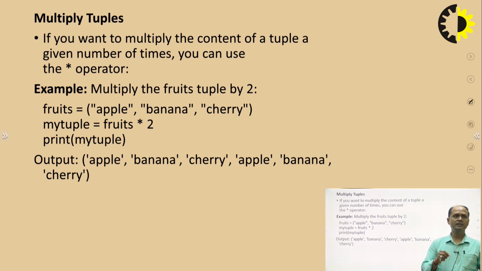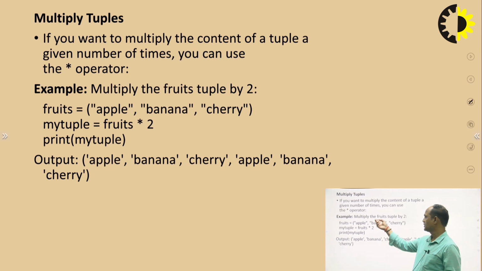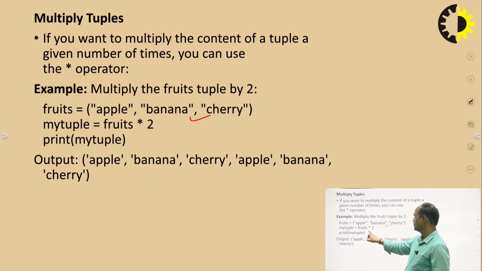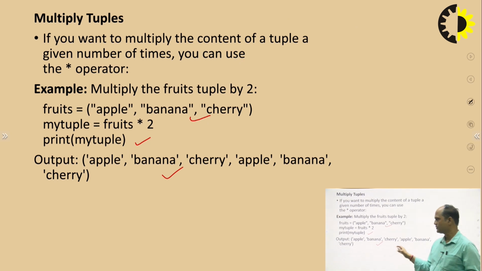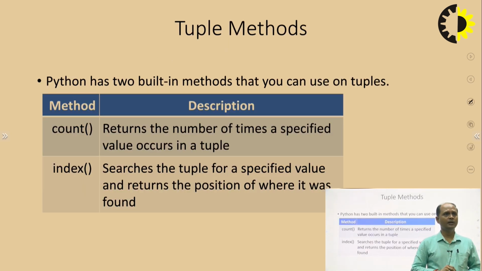We can easily multiply by 2 and it will give the required output. We define fruits, use fruits times 2, and print my tuple. This gives the output of this tuple. So we can multiply also, and we also have some methods that we use with tuples.